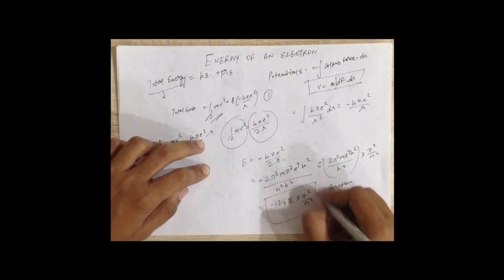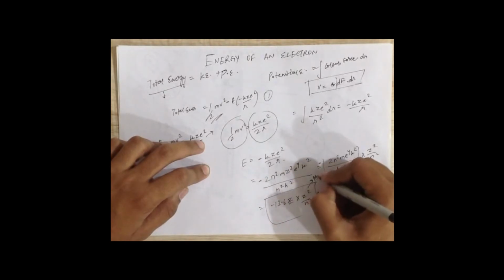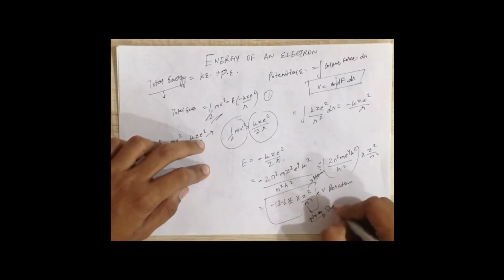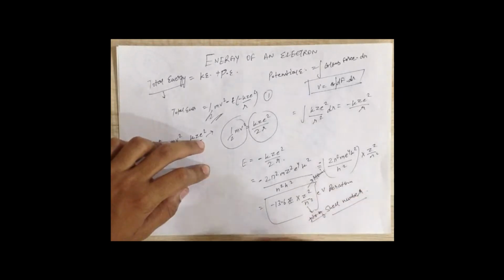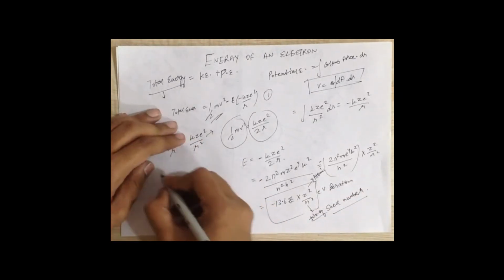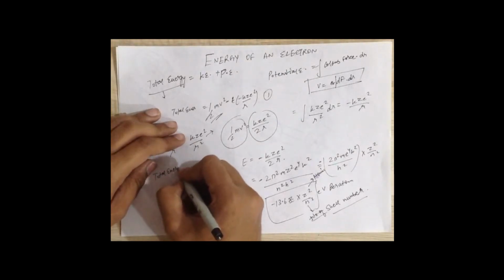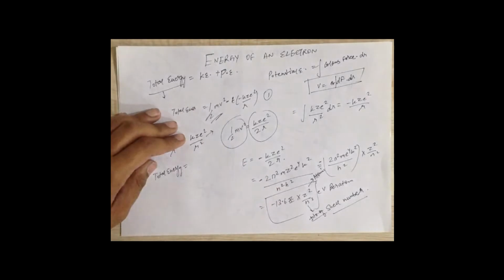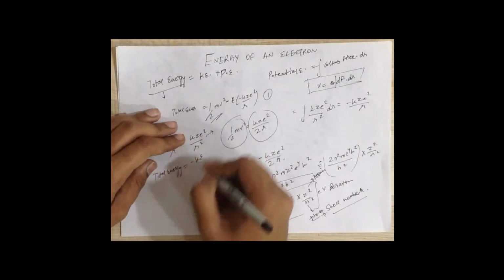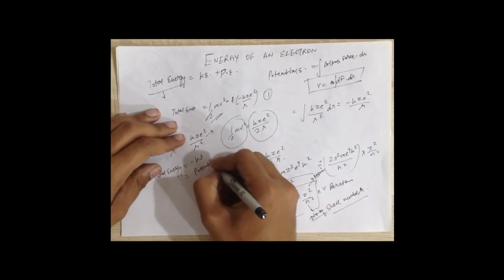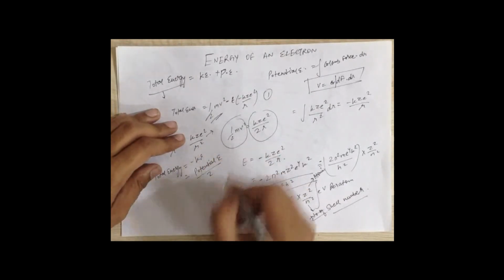Here z is the atomic number, as I have already told you, and n is the shell number. So energy varies from shell to shell. Now total energy, we have seen in this case, is negative times of kinetic energy, and potential energy by 2.